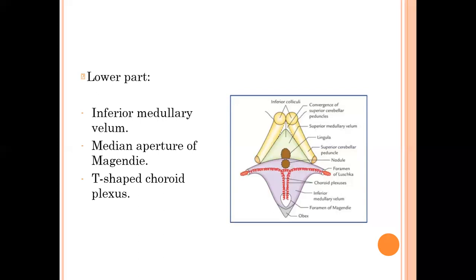So it has two layers, dorsal layer and ventral layer. The dorsal layer lines the inferior vermis, and the ventral layer is continuous with the pia mater covering the dorsal aspect of the medulla oblongata.